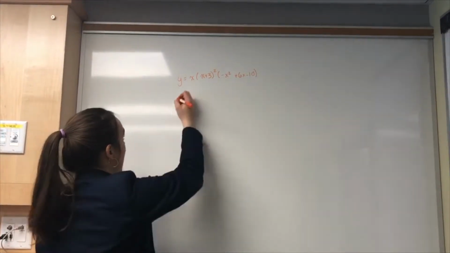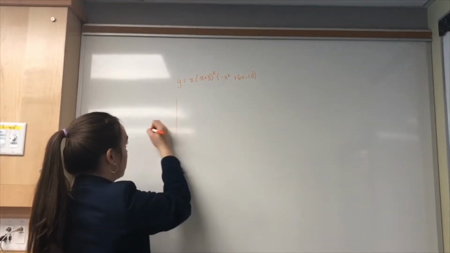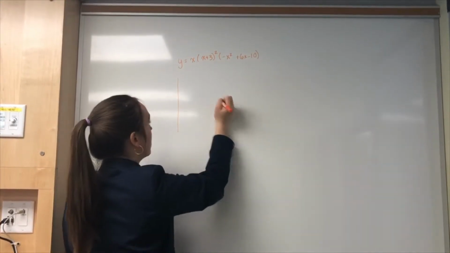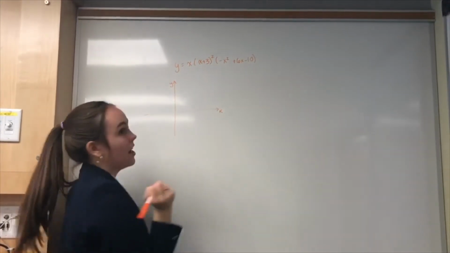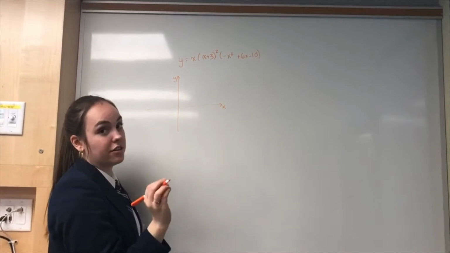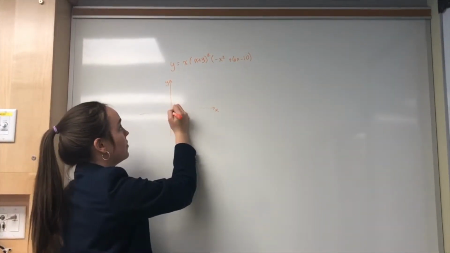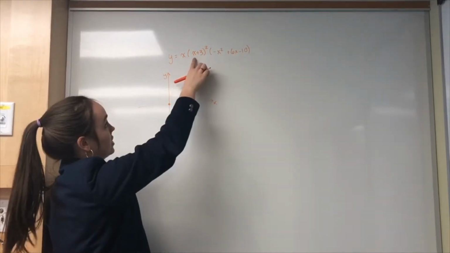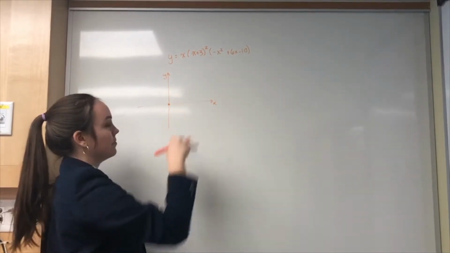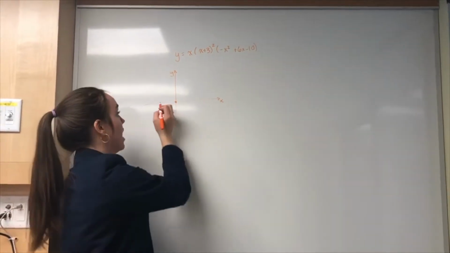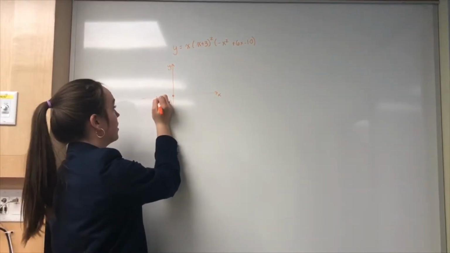As you can see from this function in its factored form, it's pretty easy to find the intercepts. If you were to plug 0 into the equation, you'd find that there's an intercept at 0, 0, and when y is 0, you also find that there's an x-intercept at negative 3.